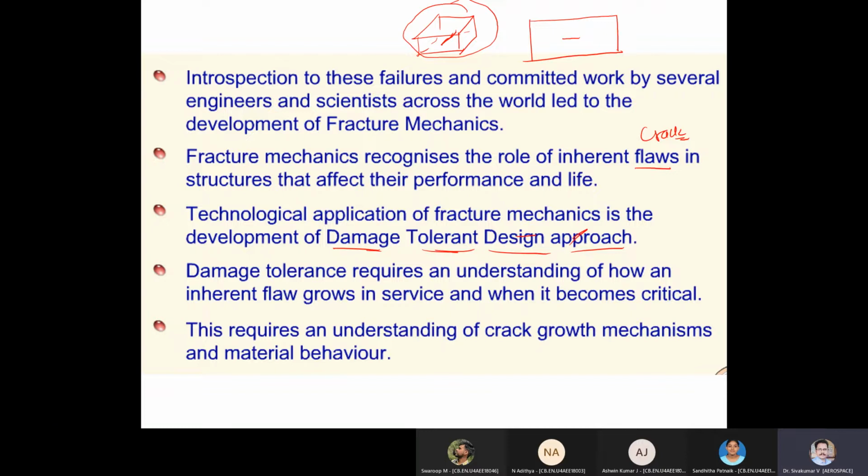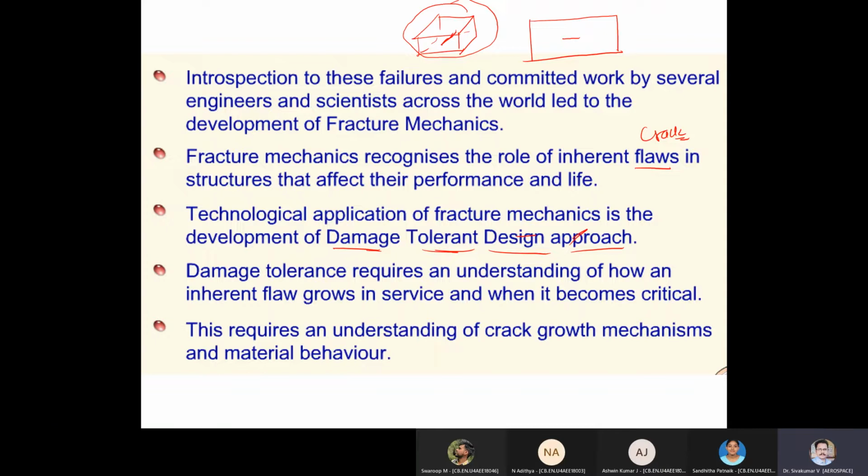Why has this thought come? I told you yesterday that for any material or structure you manufacture, it is very difficult to make it without any damage or inherent flaws inside. It is very rare to make it without any damage. Definitely there will be some kind of discontinuity, flaws, or cracks inside.